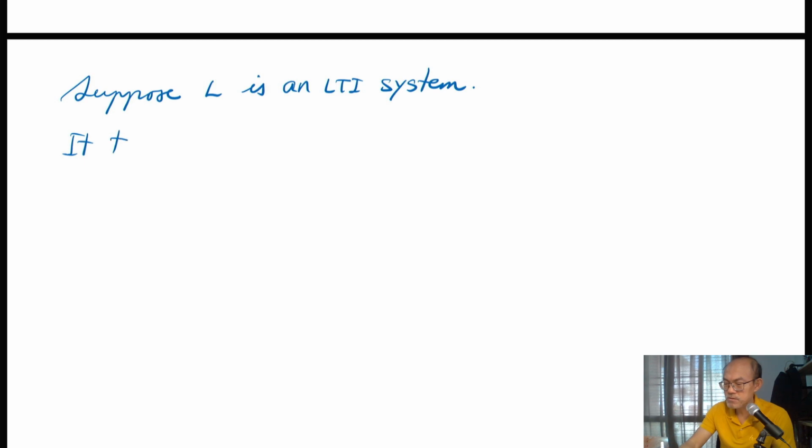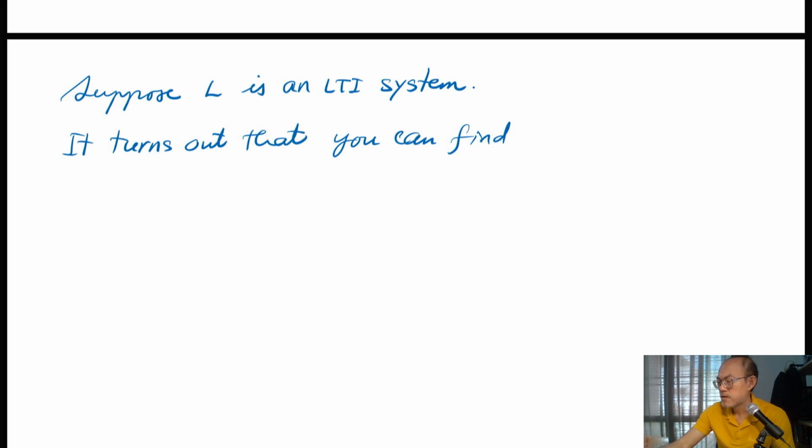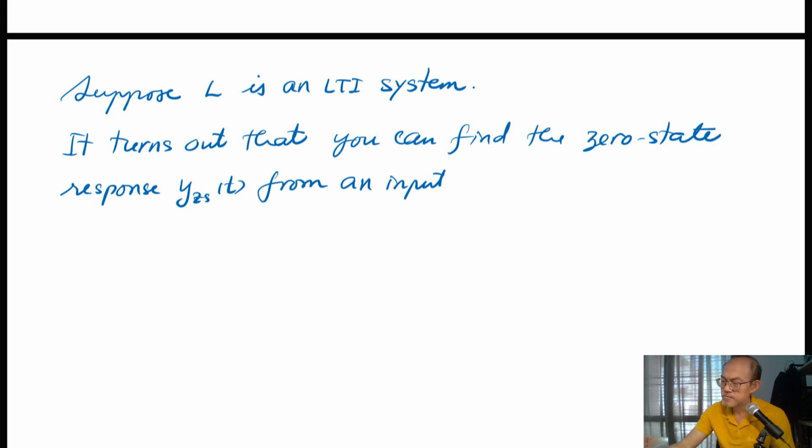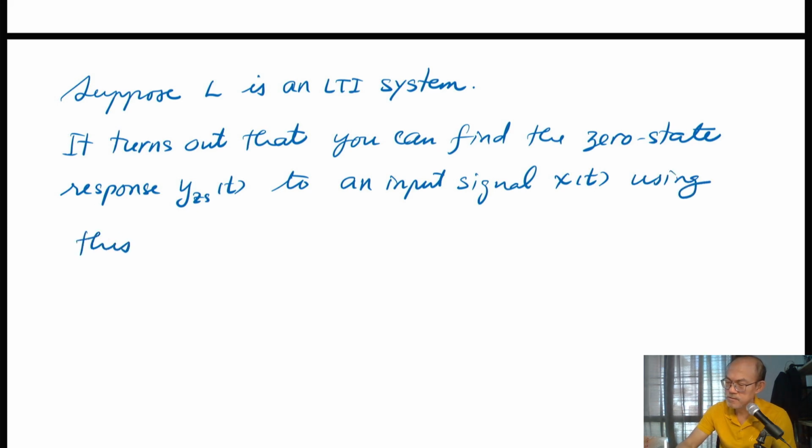Okay, it turns out that you can find the zero state response YZS from an input signal x of t using this integral.